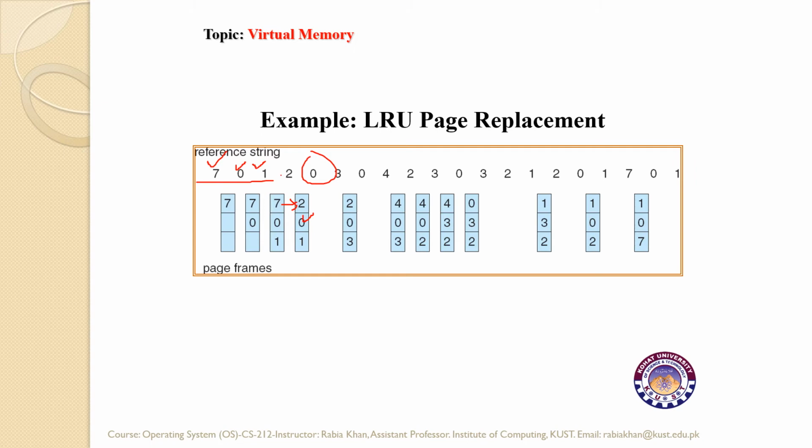The next page to be brought in is page number 3. So you can see here page number 3 is the next page required, and this is the frame structure.